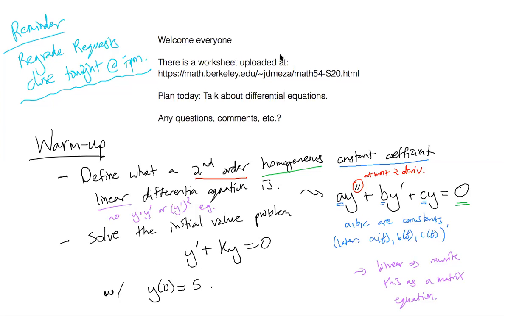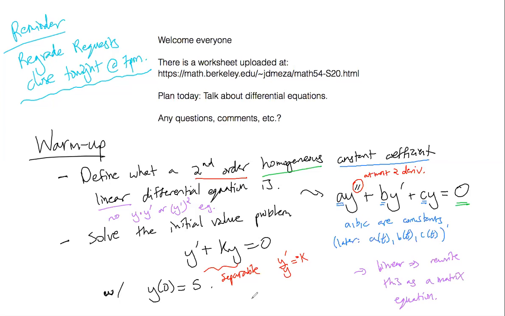Okay, so now let's practice solving the initial value problem given here. This is a first order differential equation. We talked a little about how to solve this last time. This is separable. So you can put all the y's on one side and then non-y's on the other.